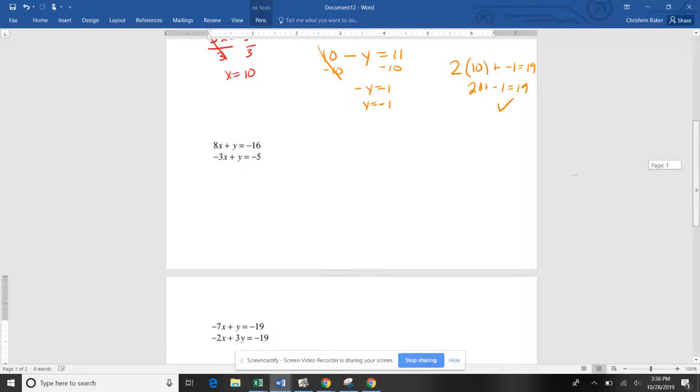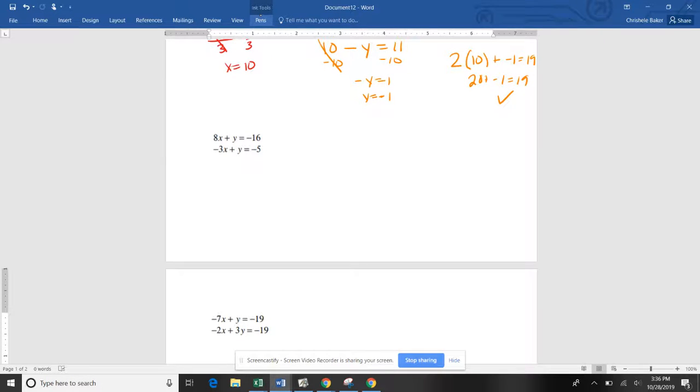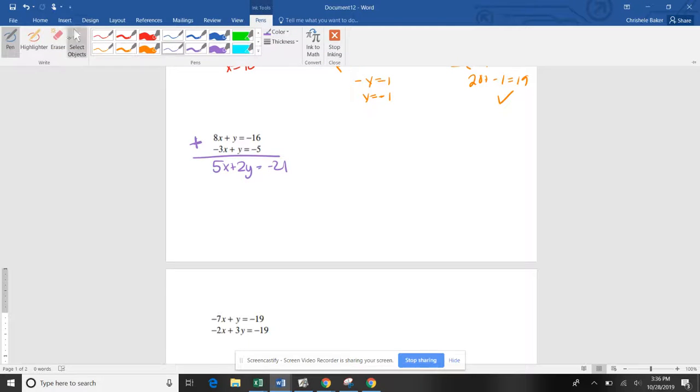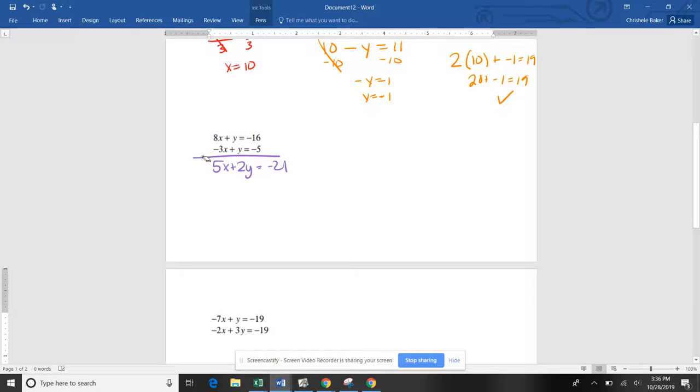Now we get to the dilemma of what do we do when we don't have that setup where they just easily cancel out? If I were to add these together, I would get 5x plus 2y equals negative 21. And that didn't eliminate anything. So what I have to do is pick which variable I think would be easier to eliminate.